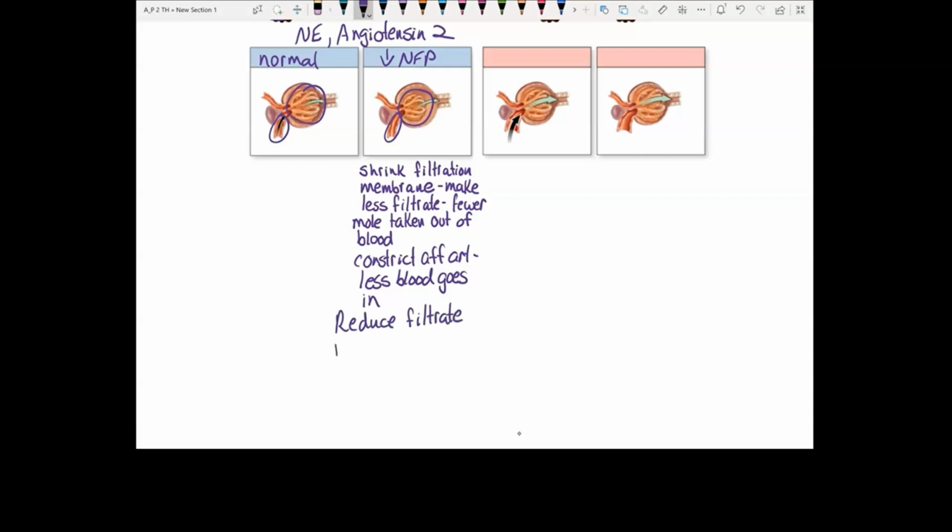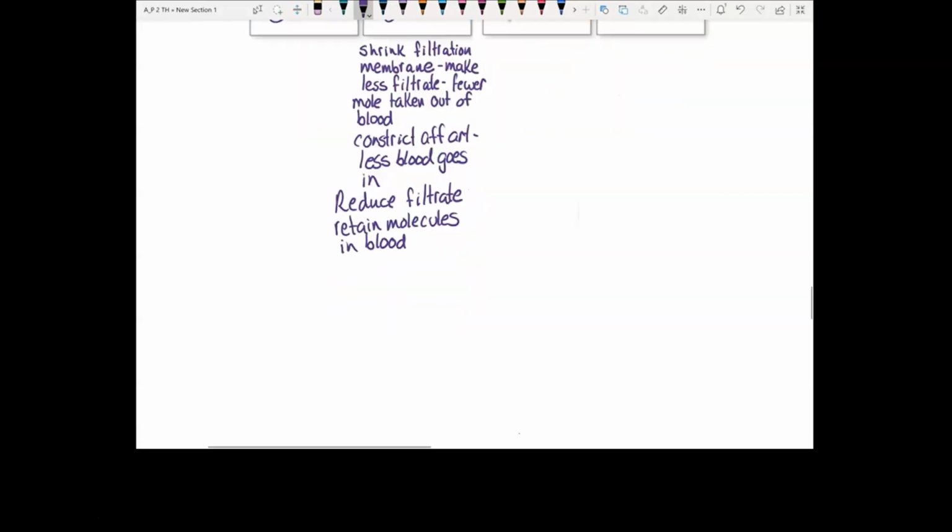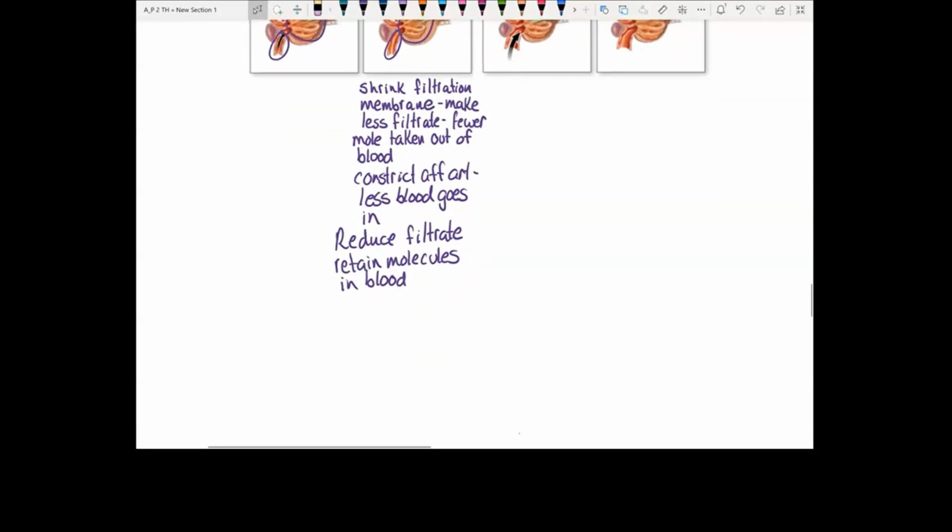This means that you are retaining molecules in your blood. So the result of this is you will have less urine and a higher blood volume.